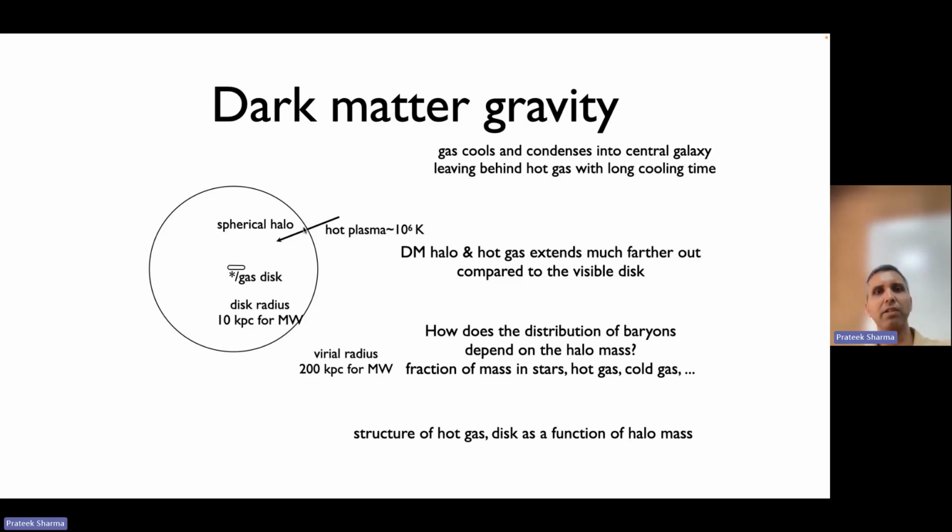Matter along with baryons decoupled from Hubble expansion, falls back, and virializes at the virial radius. Now, if the gas, after getting virialized, is able to lose its energy fast enough, then all these baryons can form stars and hence galaxies.